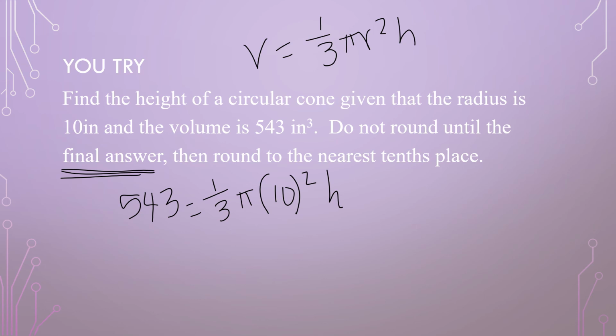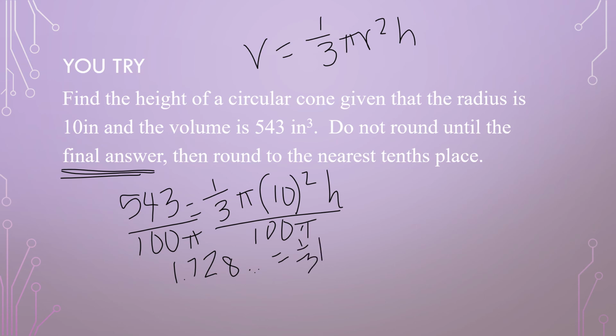So again, you can divide both sides by 100 pi, so you're not dealing with fractions. 543 divided by, and make sure you use parentheses, 100 pi is 1.728. And that equals 1/3 h. So to get h by itself, you can multiply both sides by 3.